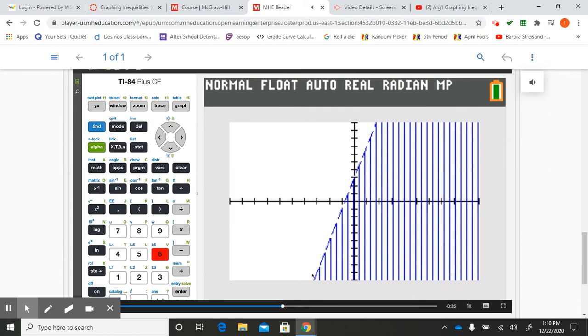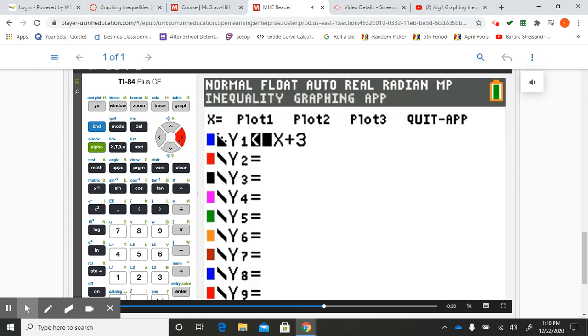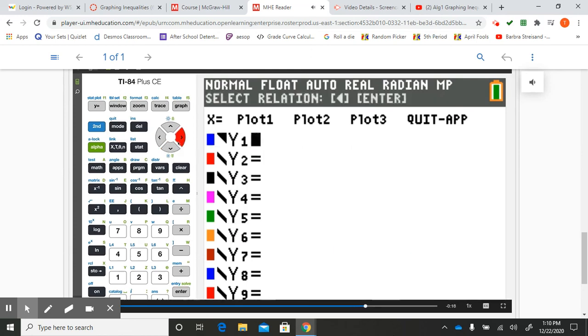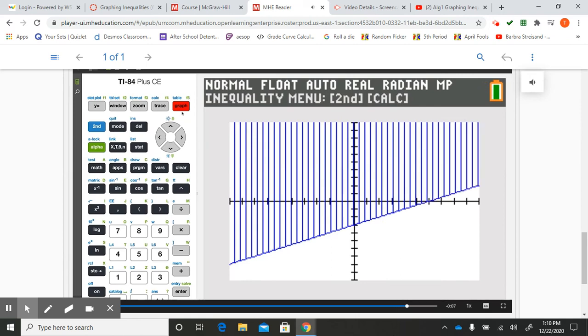Under the graph with a less than symbol or a greater than symbol is attached one. To graph another inequality, go back to the Y equals list and clear Y1. Highlight Y1 and choose the inequality symbol. Enter the inequality and press graph. The boundary of the graph with a less than or equal to symbol or a greater than or equal to symbol is the following.